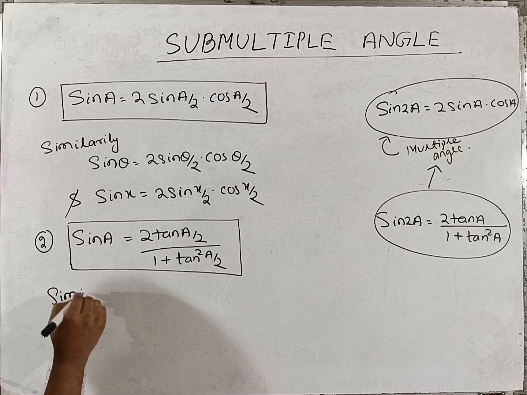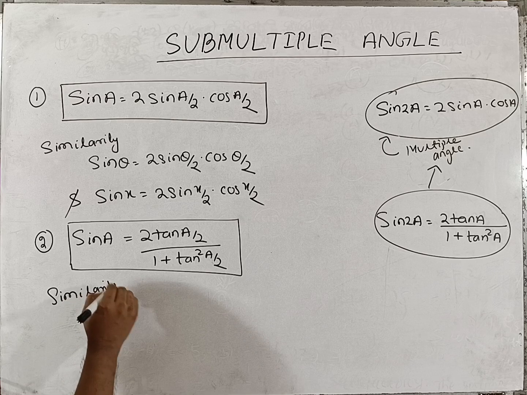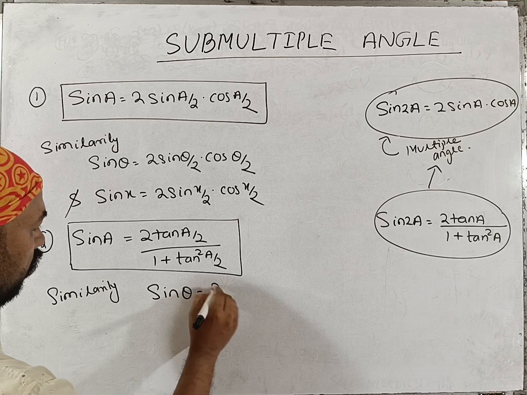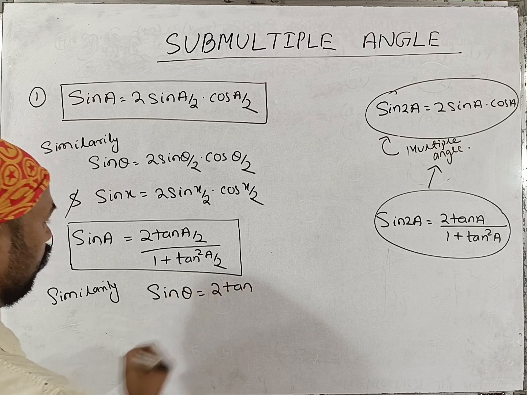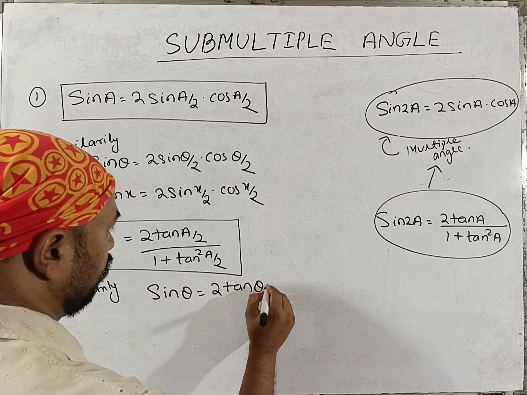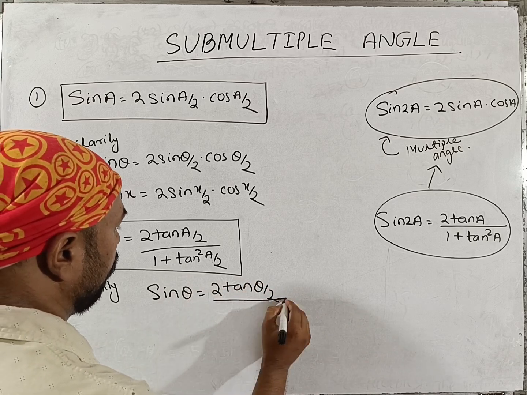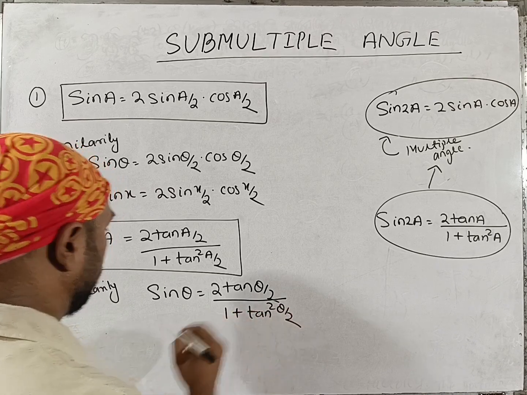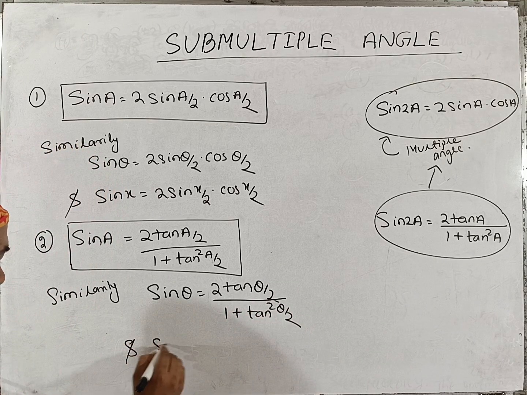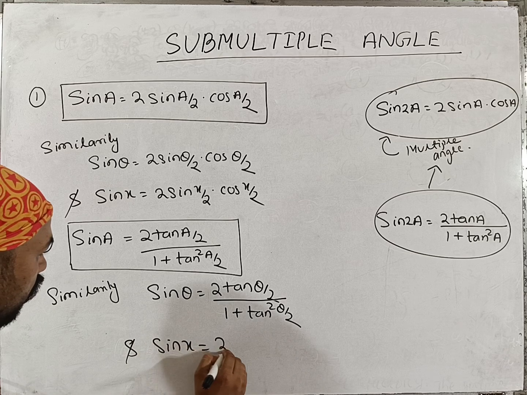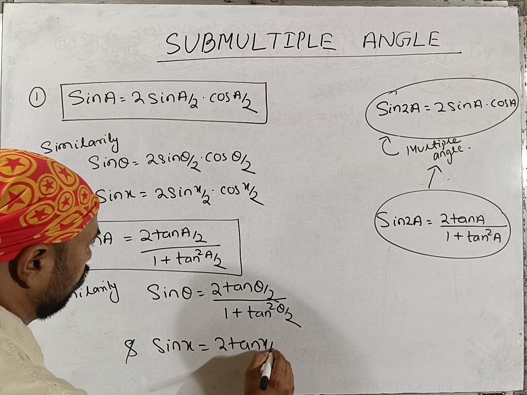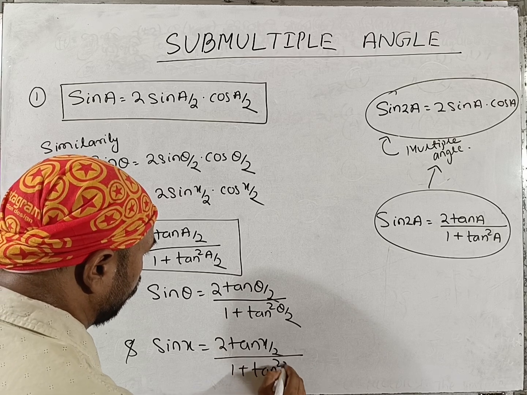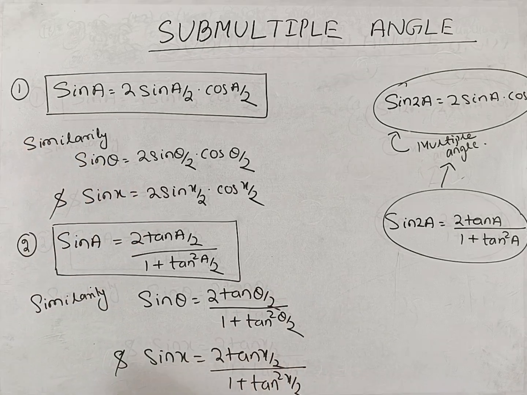Similarly, sin theta is equal to 2 tan theta by 2 whole divided by 1 plus tan square theta by 2, and sin x is equal to 2 tan x by 2 whole divided by 1 plus tan square x by 2.